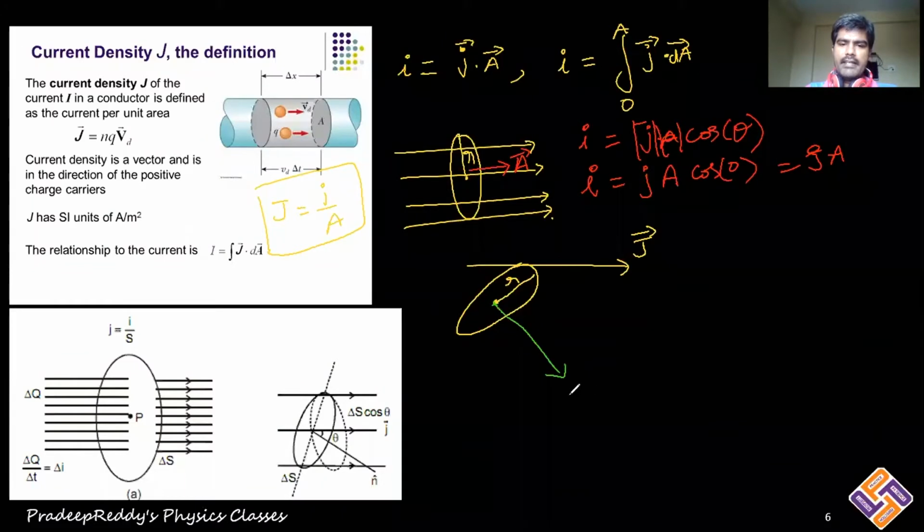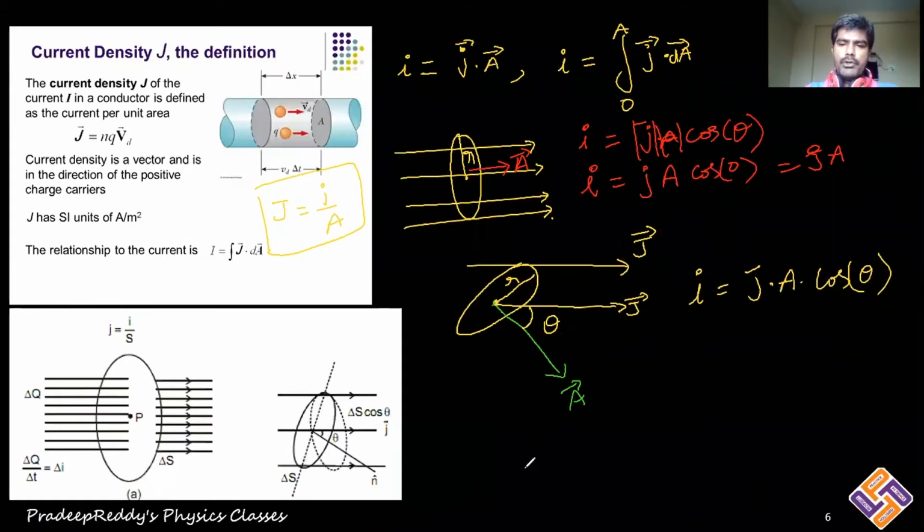This is the area vector A bar, and this is J bar. J bar and A bar are inclined by an angle theta. You can find the current I is equal to J A cos theta. Theta can be 30, 40, whatever angle it is, that you will substitute here.